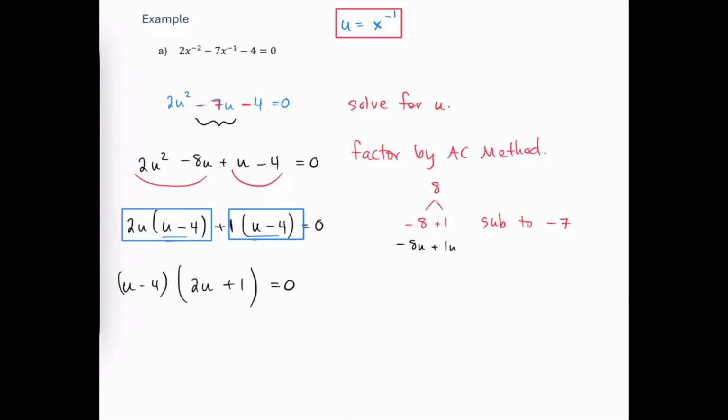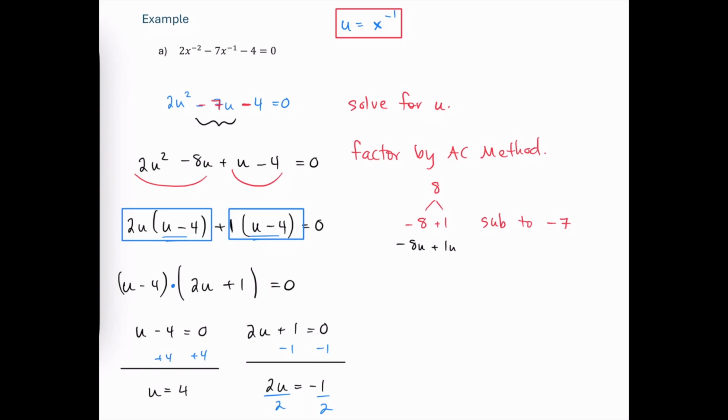We're still equal to 0, and now we have this that is factored into the product of two things. Once our quadratic is factored into that product, we can set each factor equal to 0 and solve them individually for u. So finishing up this second equation, we're going to divide both sides by 2 here, and we end up with u is equal to negative 1/2. u is also equal to 4.